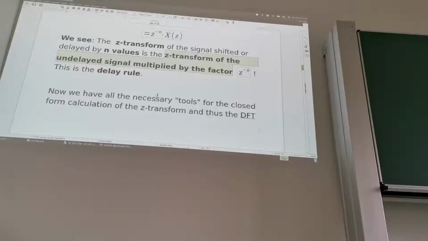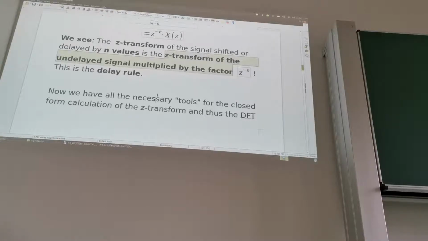So using this index substitution, we were able to factor out the z to the minus n. And this is very convenient because now we can turn a delay into a factor in the z domain. Remember, we have those shifts, delays in our convolution, and it's really difficult to reformulate delays of a signal. It's basically impossible, except for this index substitution, which is kind of tricky.